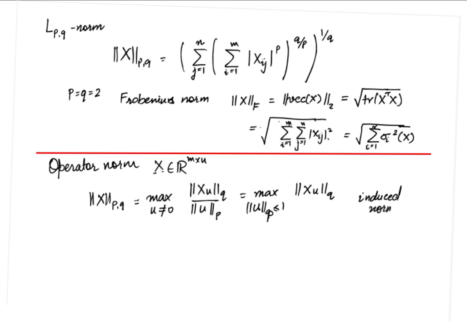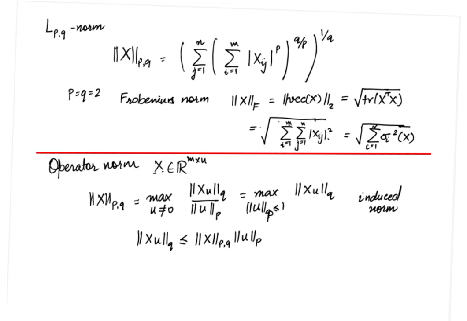If you have not seen this norm before, you would have observed the complicated definition as it involves a maximization operation. While working with the proofs, we would not really need to solve it explicitly, just use the properties of LP and LQ norms and the maximization operation. For instance, one property that follows directly from the definition of the operator norm is that the LQ norm of XU is less than or equal to the PQ norm of X times the LP norm of U. You can infer this property from the first definition above.